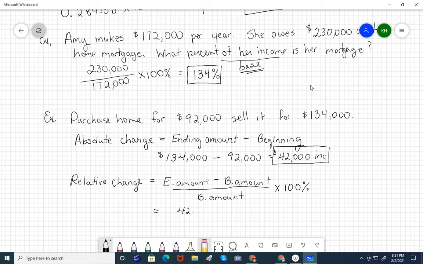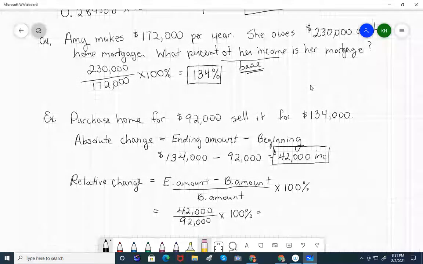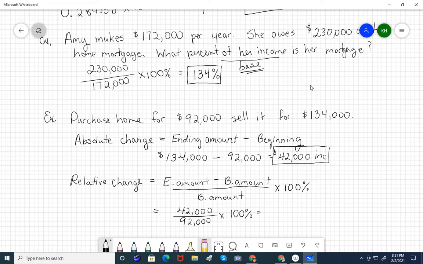It was 42,000 compared to 92,000 times 100%. To the nearest tenth, that comes out to be 6, 5, 2, 1. So remember, I'm rounding here. 5 or more, that's got to go up. This is going to be 45.7%. That's a pretty high percent increase.